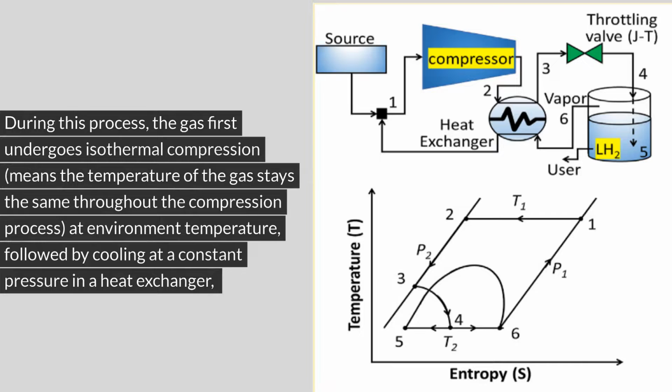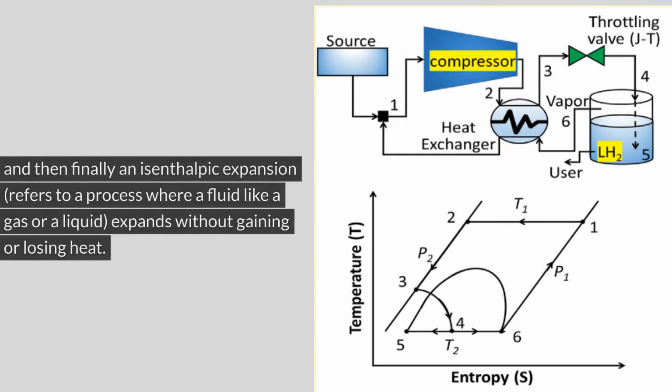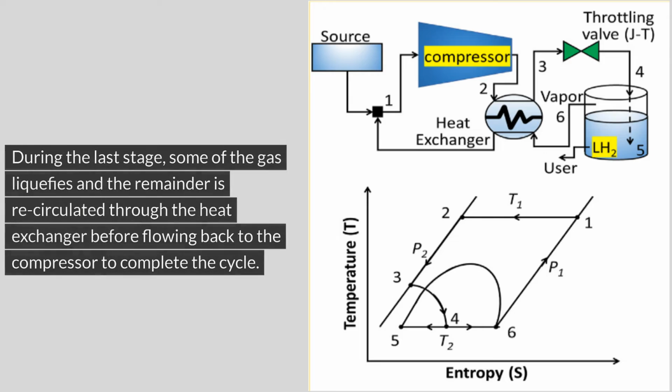During this process, the gas first undergoes isothermal compression, meaning the temperature of the gas stays the same throughout the compression process, at environment temperature, followed by cooling at a constant pressure in a heat exchanger, and then finally an isenthalpic expansion, which refers to a process where a fluid like a gas or a liquid expands without gaining or losing heat. During the last stage, some of the gas liquefies and the remainder is recirculated through the heat exchanger before flowing back to the compressor to complete the cycle.